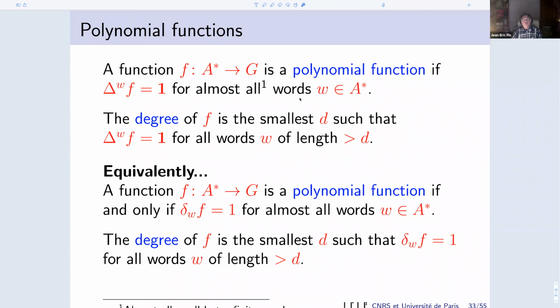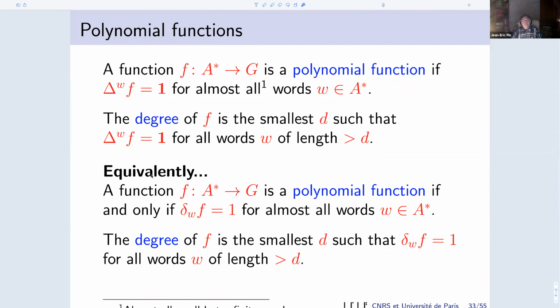That is, there is a footnote which says that almost all means all but a finite number. So I presume that your alphabet A is finite there. Yes, absolutely. We use a finite alphabet. And the degree of f is the smallest d such that delta w of f is 1 for all words of length larger than d.